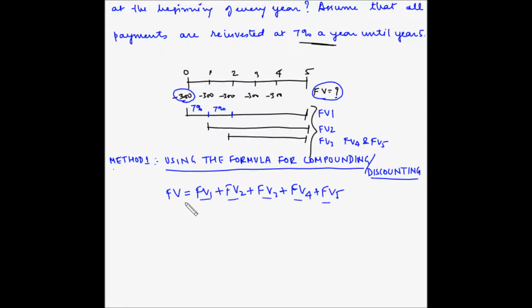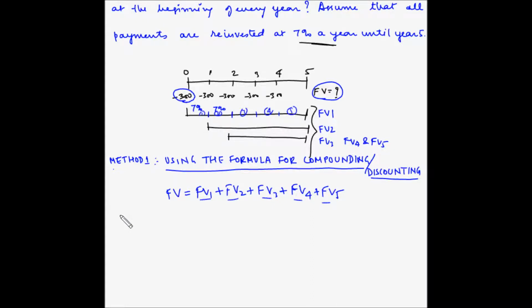Now let's see how to calculate these different future values. Let's first take the case of FV1, which is nothing but this 300 rupees being invested at 7% per annum compounded annually for the next 5 years. So this is a case of compound interest.